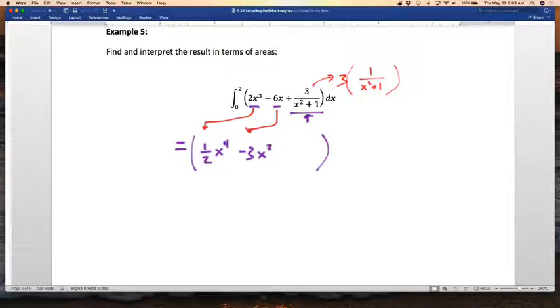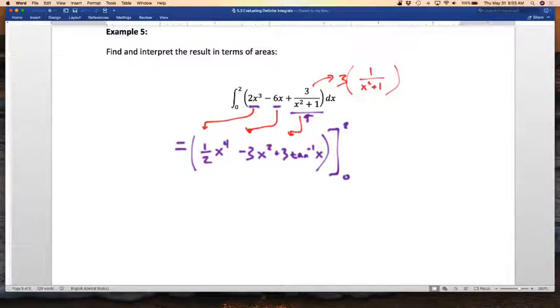Good. So the antiderivative of 3 over x squared plus 1 would be just 3 tan inverse of x. Those, like I've said before, are going to be the tough ones to memorize, I think. The inverse functions, their antiderivatives. All right, and so we're going to evaluate this from 0 to 2.